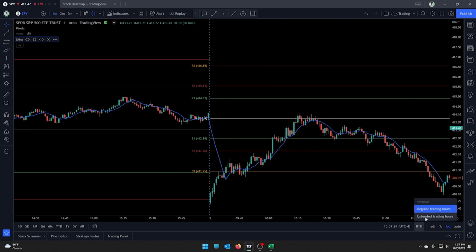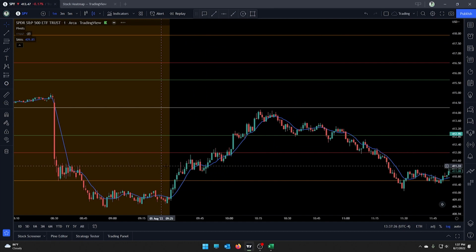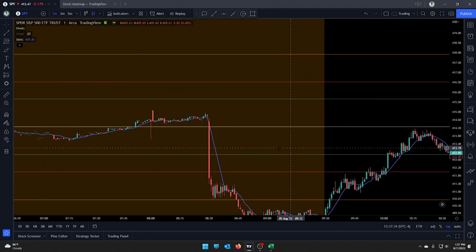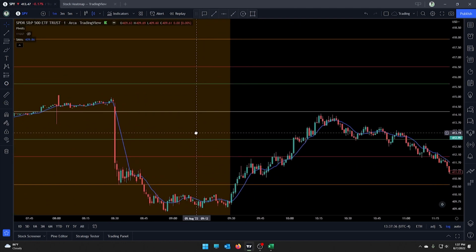You turn extended hours back on, and 410, 411, 412. We have different numbers all over the place. That's why it's different from person to person. There's all kinds of variables involved.